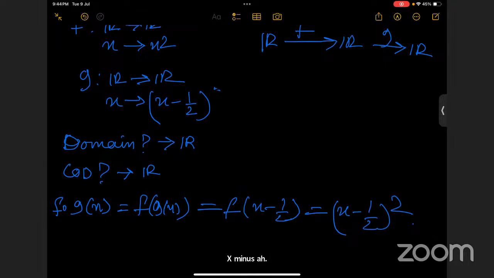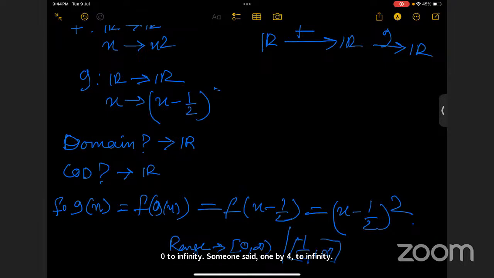right? So what will be the range? 0 to infinity. Maybe 1/4 to infinity. Someone said 1/4 to infinity. Oh, close. Okay, so any other option?